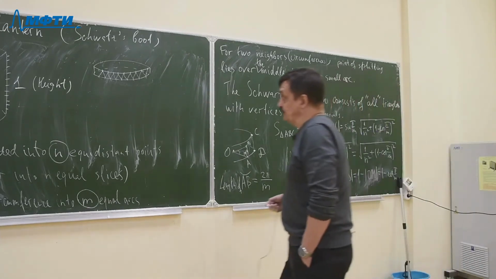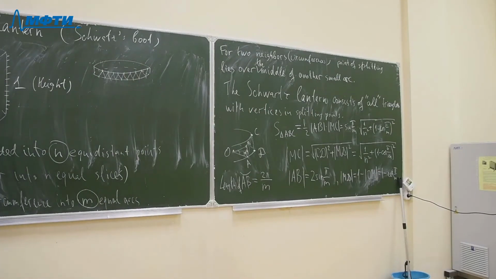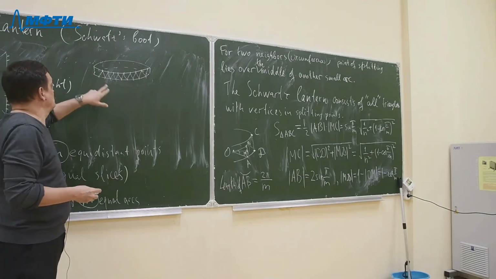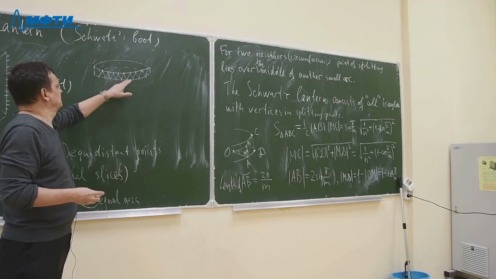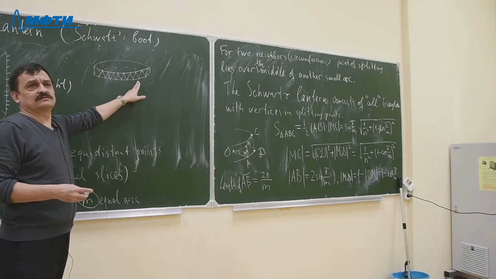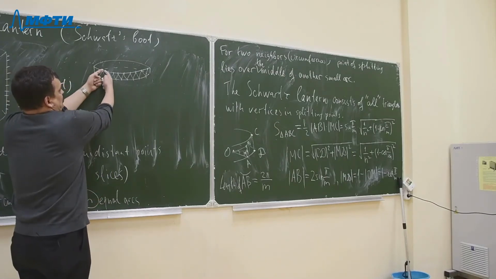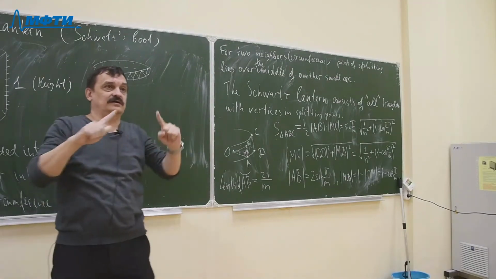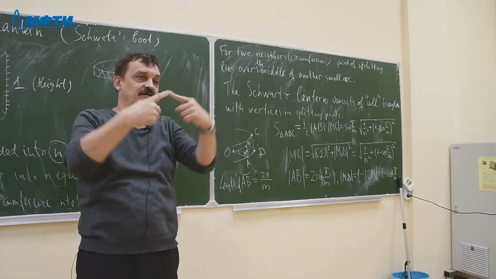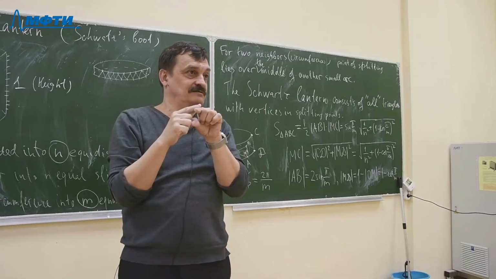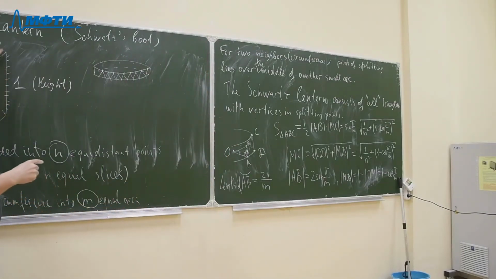So what is the total area of the surface of that Schwarz lantern? How many triangles do we have in one slice? If we split into m equal arcs, we have m triangles like that, and m triangles like that, m triangles of each type. So 2m triangles in one slice. Altogether we have n slices.